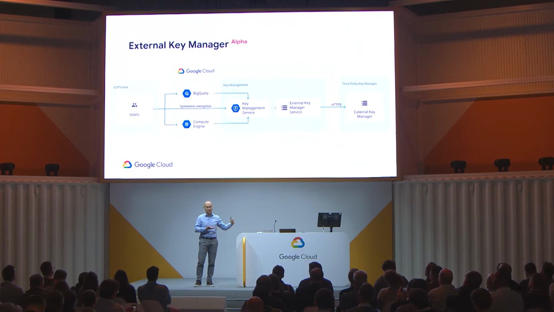It's in some system outside of the Google premises. And so if you're hosting your data in BigQuery or in GCE persistent disk, or you're just basically doing a direct symmetric encryption call to our cloud KMS, you can actually leverage this key that's outside of our cloud through an HTTPS channel to this external entity.